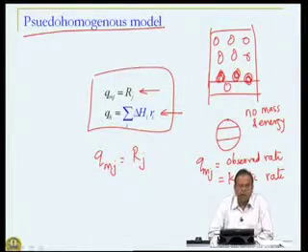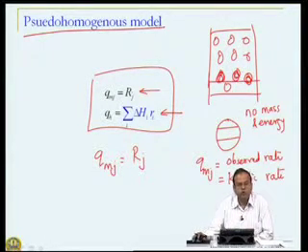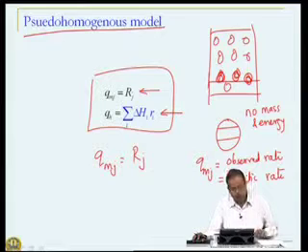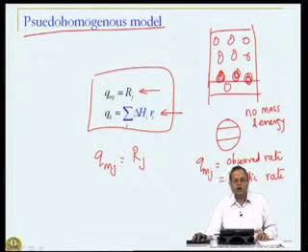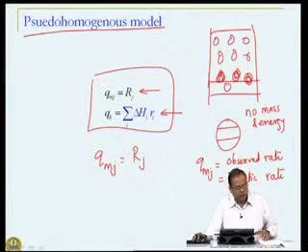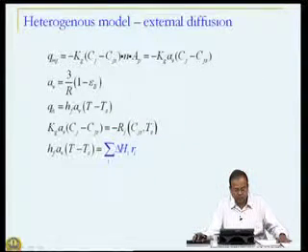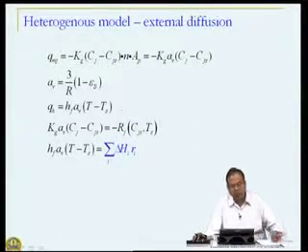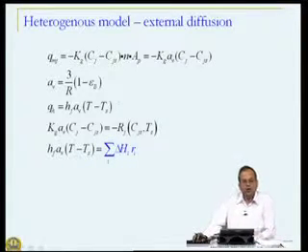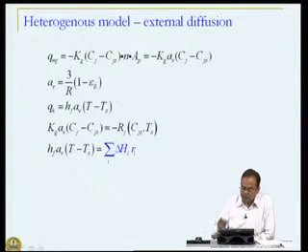So, these kinds of multiphase models are often referred to as pseudo-homogeneous models. But what if mass and energy transport limitations are really present in our system? Let us consider that scenario.